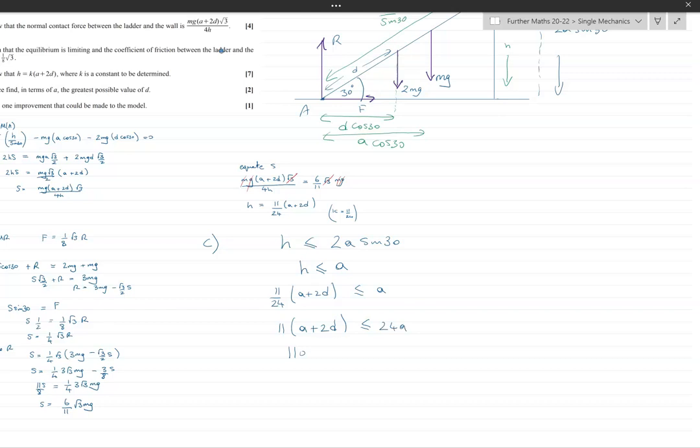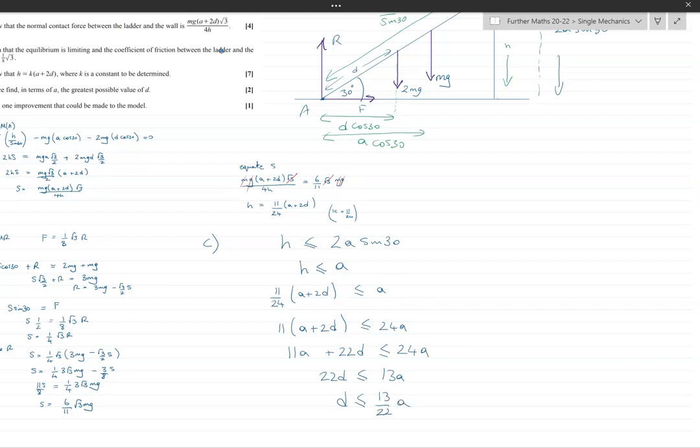So 11a plus 22d less than or equal to 24a. So that gives us 22d has to be less than or equal to 13a. So that gives us d is less than or equal to 13 over 22 a.